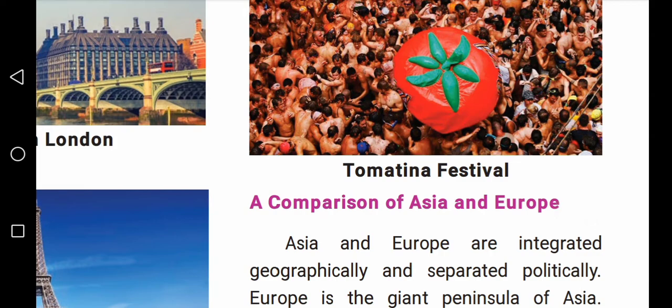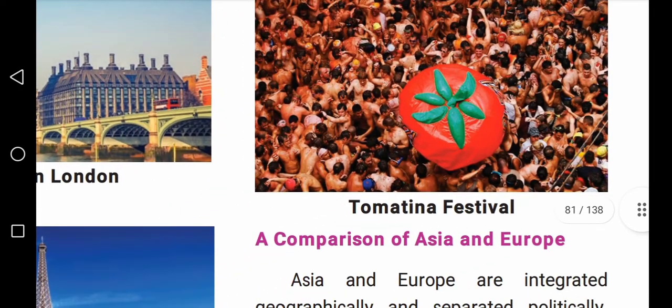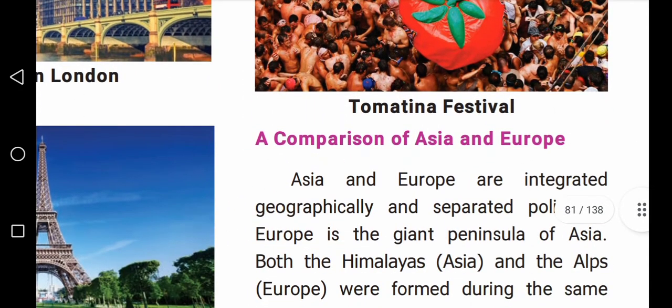A comparison of Asia and Europe. Asia and Europe are integrated geographically and separated politically. Europe is the giant peninsula of Asia. Both the Himalayas and the Alps were formed during the same geographical period. Himalayas is present in the continent of Asia, Alps is present in the continent of Europe.